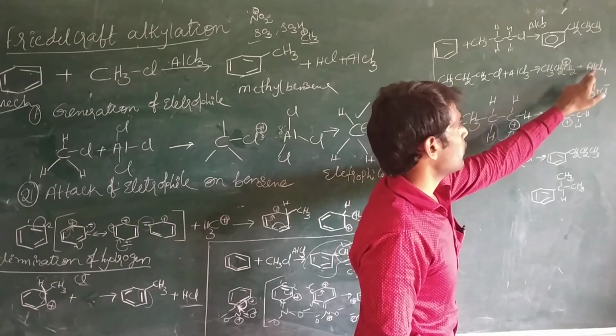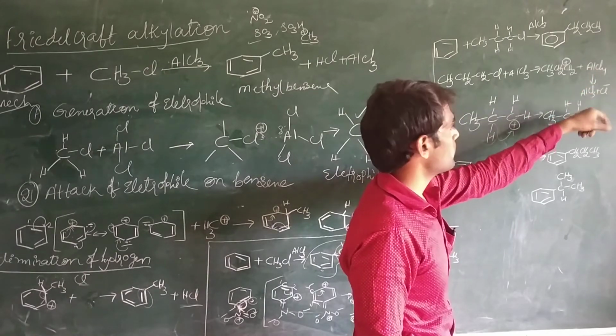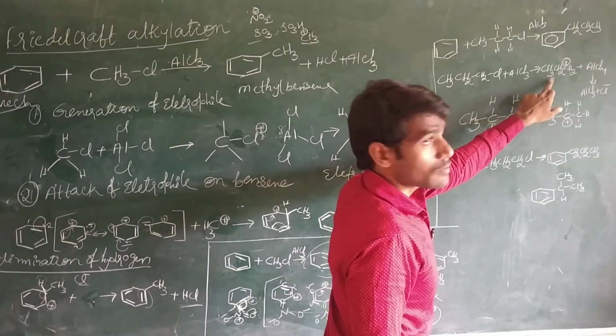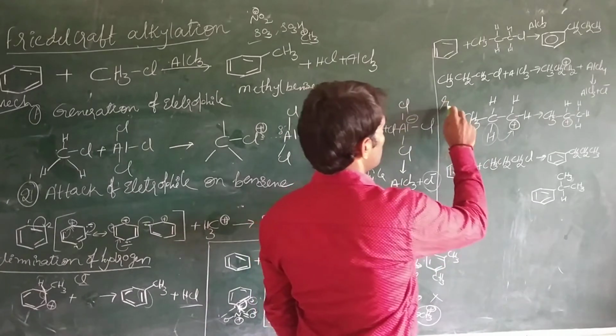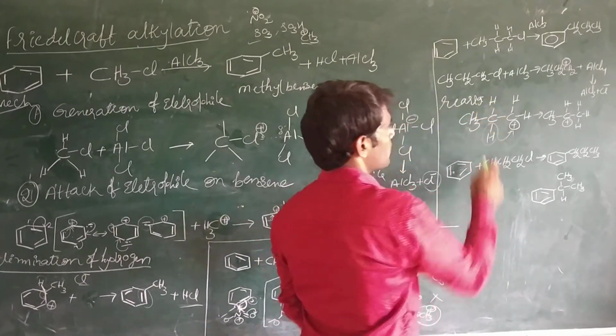And AlCl4 minus is again undergoing dissociation, forming AlCl3 plus Cl minus. But what happened here? This propyl cation is undergoing a rearrangement reaction.